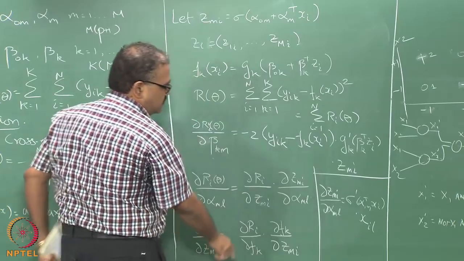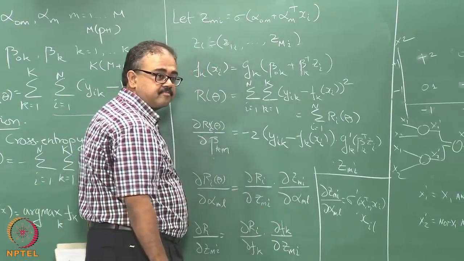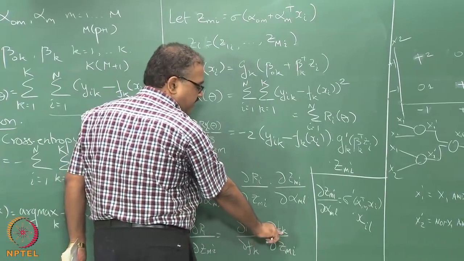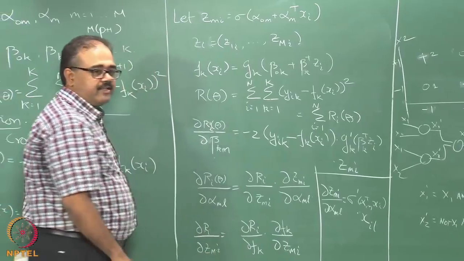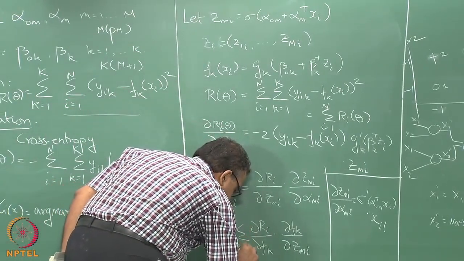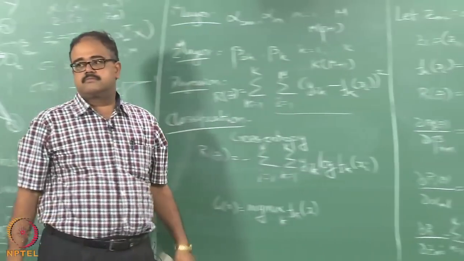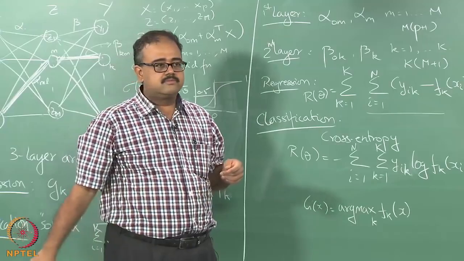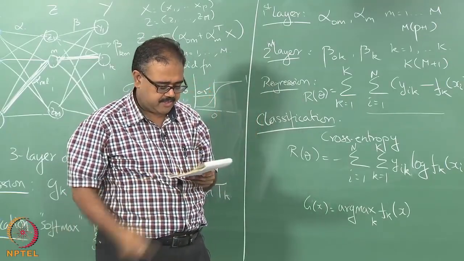So, z_m can affect R_i through f_k, right. So, the derivative of f_k with respect to z_m and derivative of R_i with respect to f_k, that is a chain rule again. So, I have to do this over all k because I can have multiple paths of reaching the output.